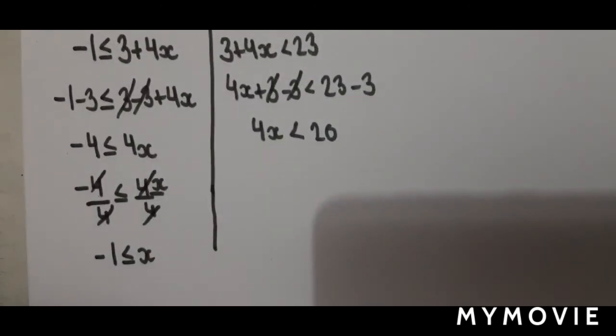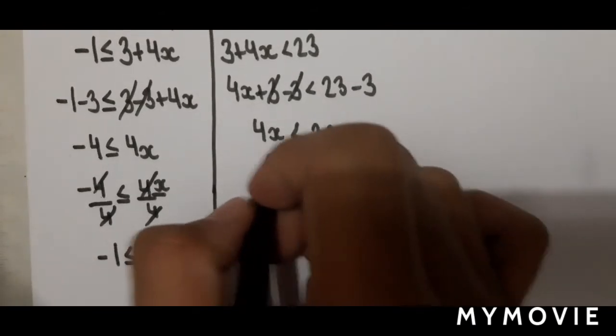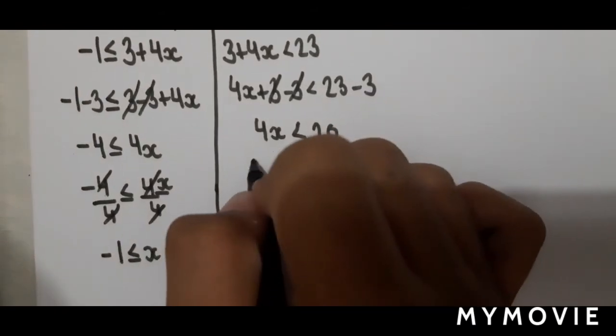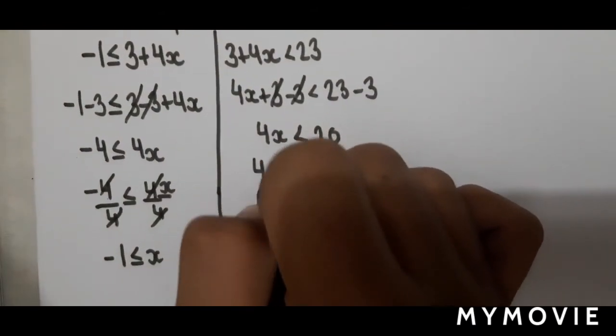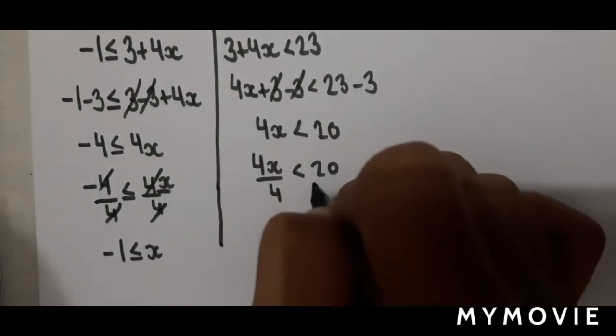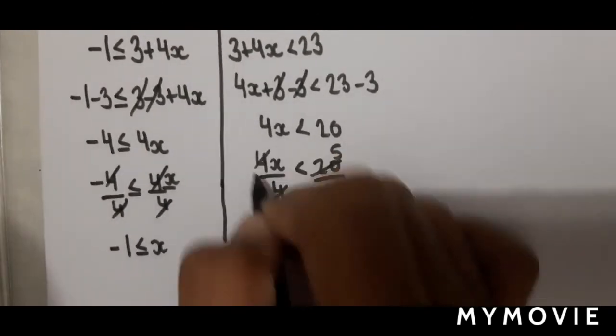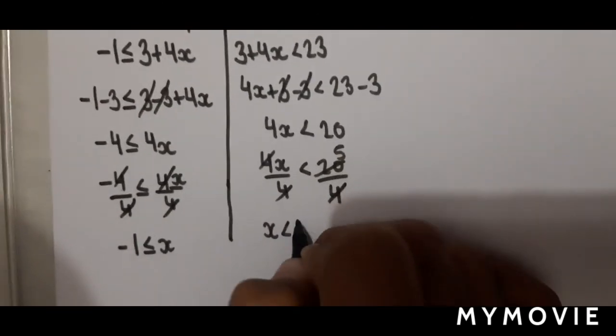So 4x is greater than 20, so divide by positive 4. There will be no change to the symbol. 4 5s are 20. So x is greater than 5.